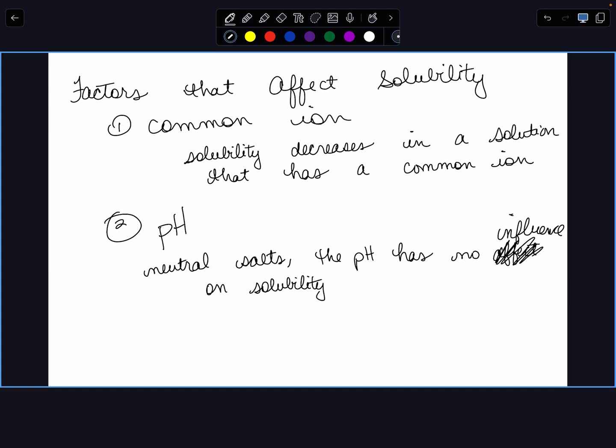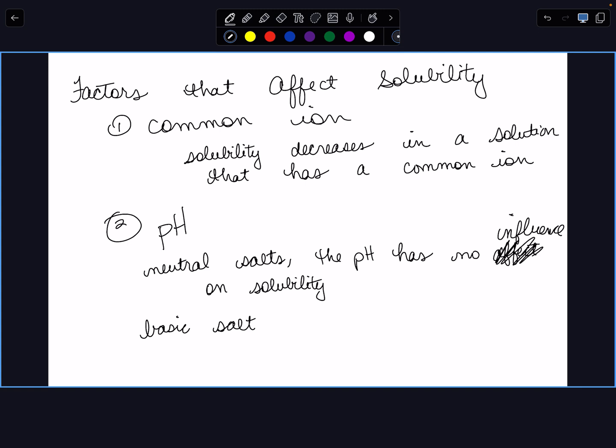Okay, so how does pH affect solubility? Neutral salts, no influence. If the salt is basic, here's how you make it more soluble. This is how I think of it. If the salt is basic, you've got to go the opposite direction to make it more soluble. So if the salt is basic, you've got to make it more acidic and more will dissolve.